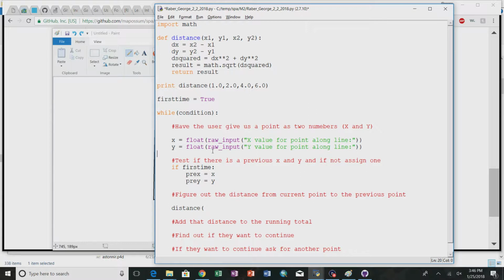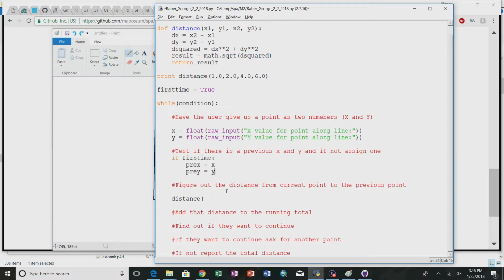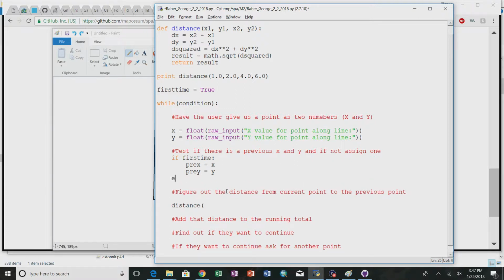So if this is the first time through the loop, then it's going to run this. If it's not the first time through the loop, then it won't run that. So somewhere we need to change first time. In fact, we could just do that as an else.